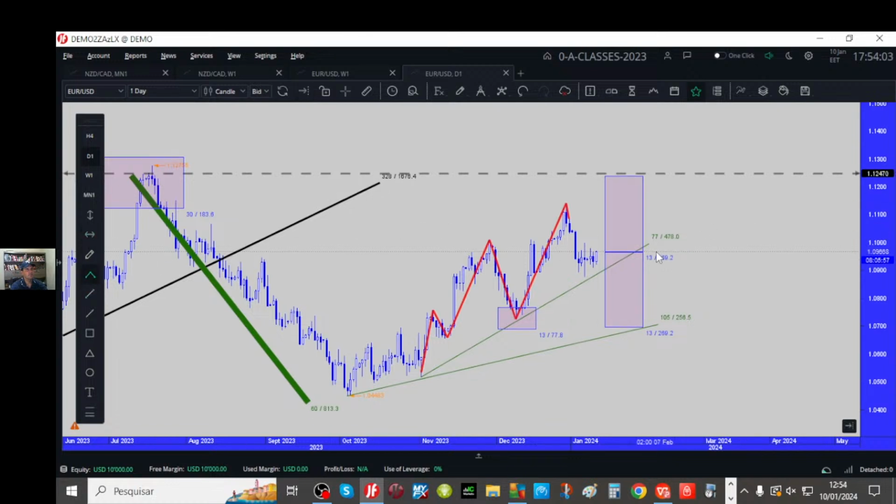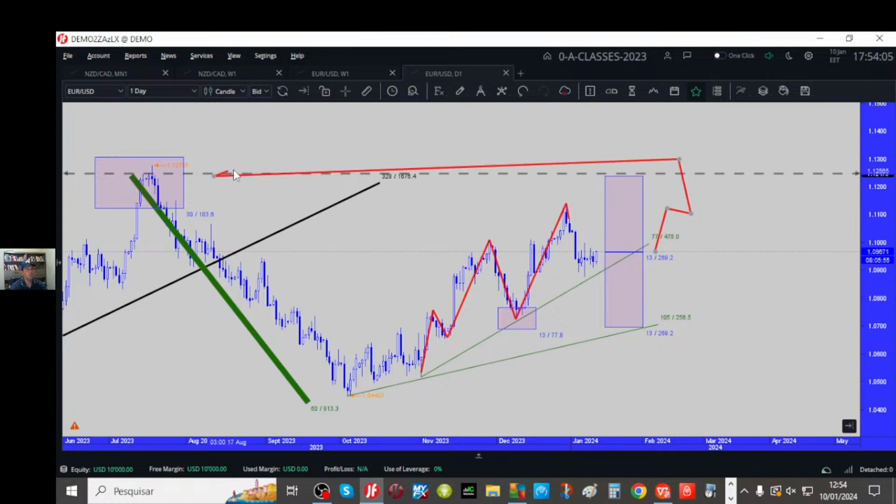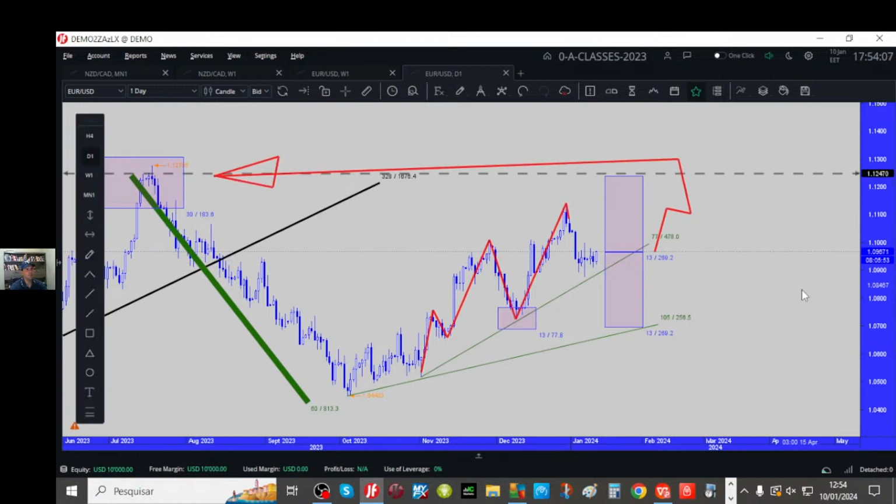It's very difficult for the market to come. I'm not saying that it can, because it's a probability game, but 7 times out of 10 you cannot trade like this.